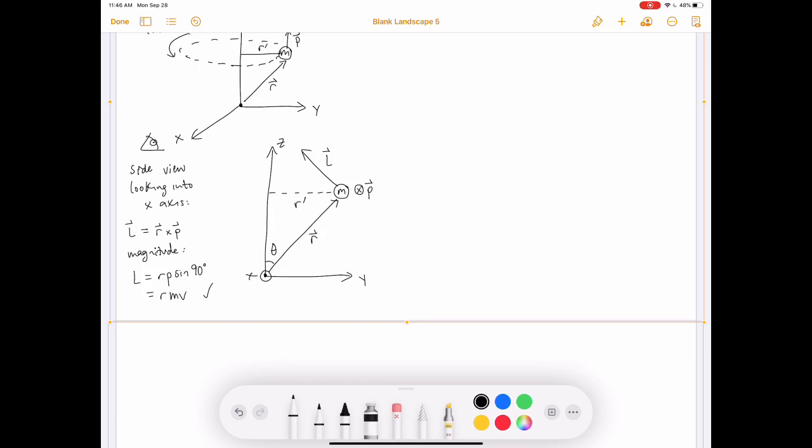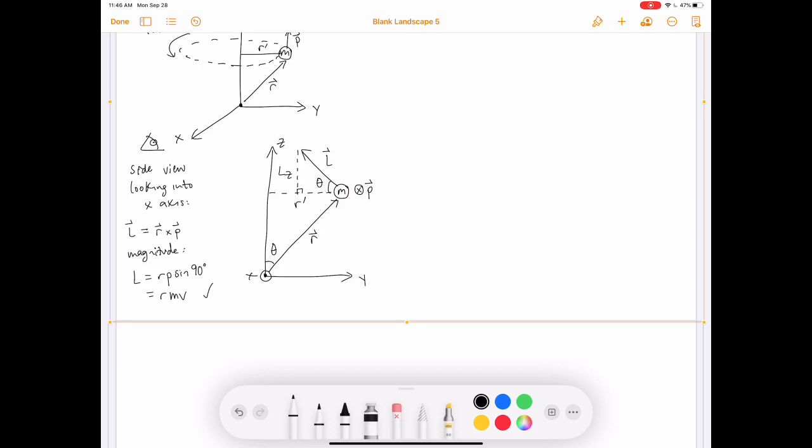Let's also take the L vector and break it into components. In particular, I'm going to be interested in this component that goes along the z-axis, which I'll call LZ. So I'll notice that over here, I have the same exact angle theta as before that our L vector makes off of that horizontal line. And then, of course, here I have a right angle.